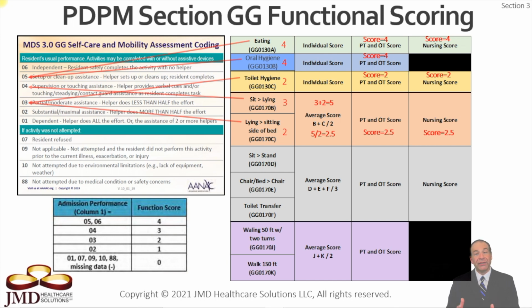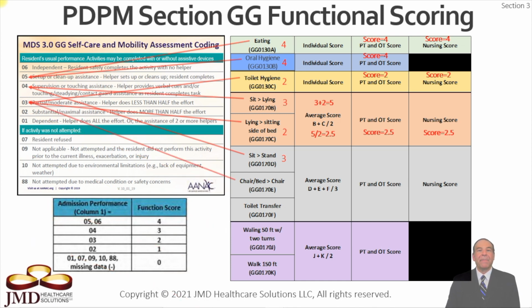You don't really round up or down until you get to your final score. That's what the RAI manual says. So don't start rounding just in these, round when you get to your final score. All right. So we have sit to lying, which we're going to say she needed a 0-4, which would be supervision, touching assistance, which is a 3.